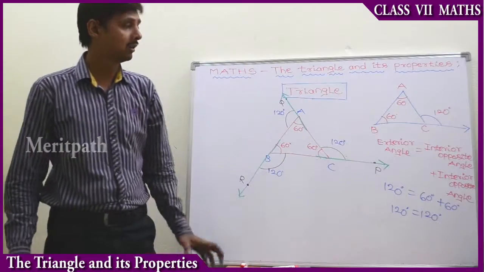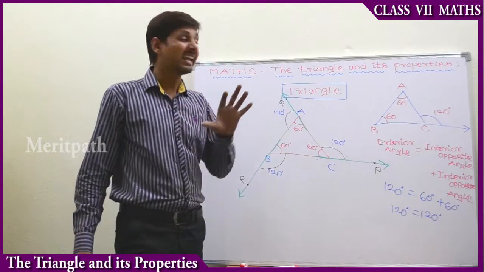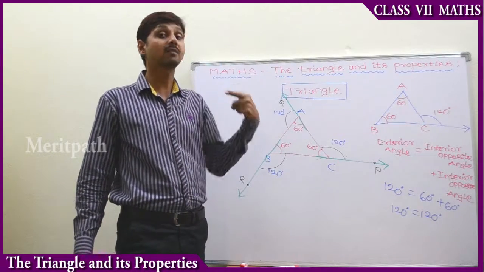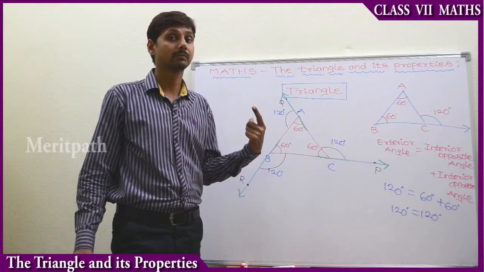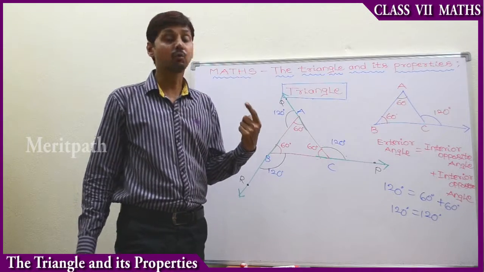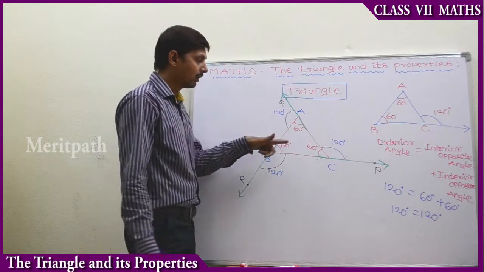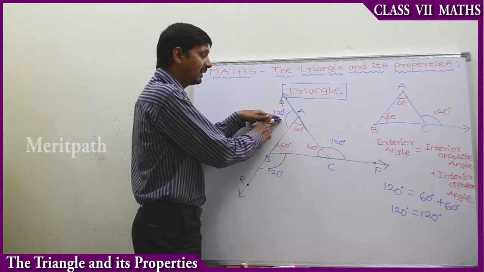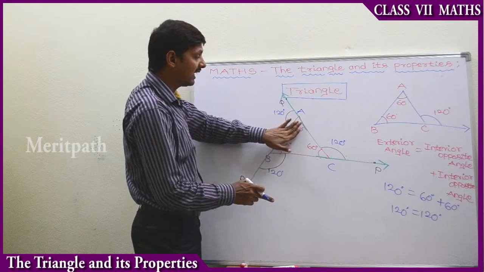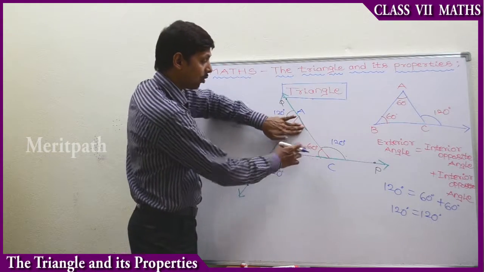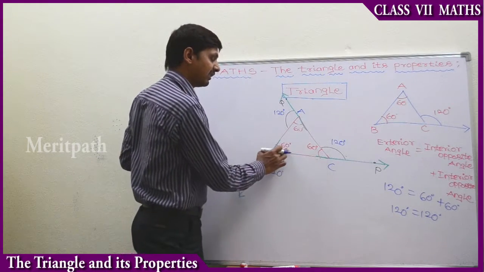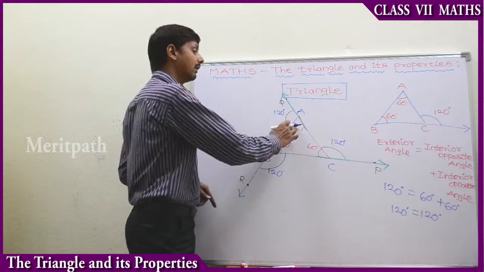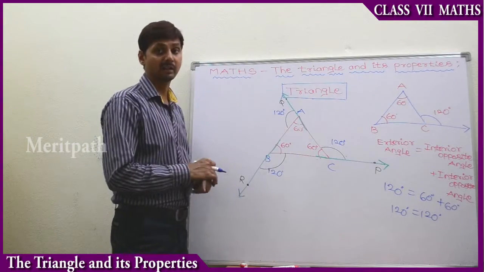So what we understood from this is that an exterior angle of a triangle is equal to the sum of the interior opposite angles of that particular triangle. Taking this exterior angle of 120 degrees and leaving out the adjacent angle, the opposite angles are 60 plus 60, which is equal to 120.